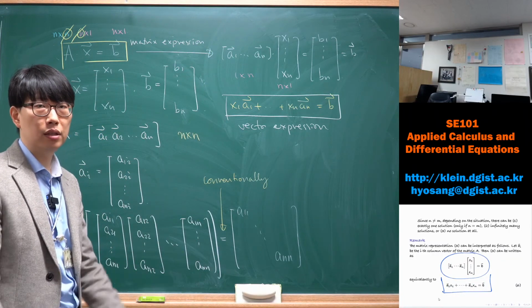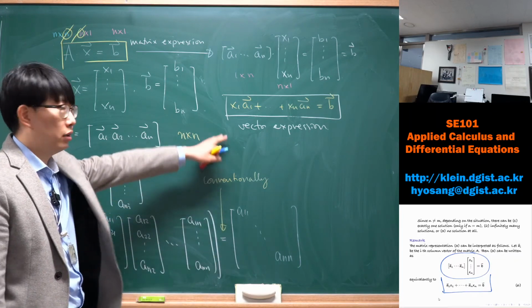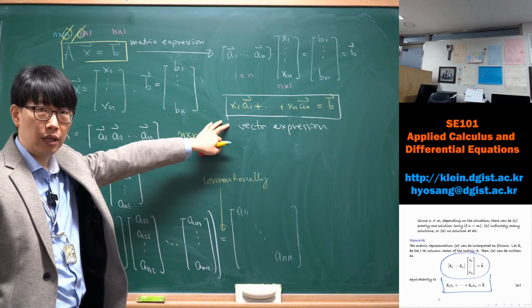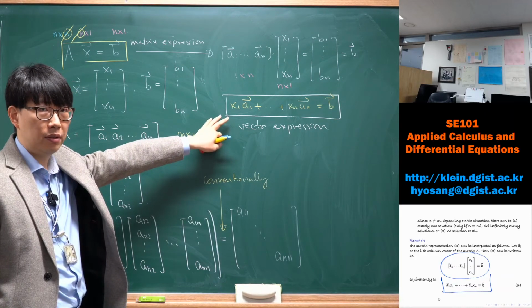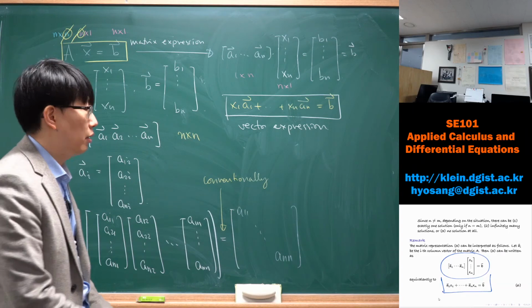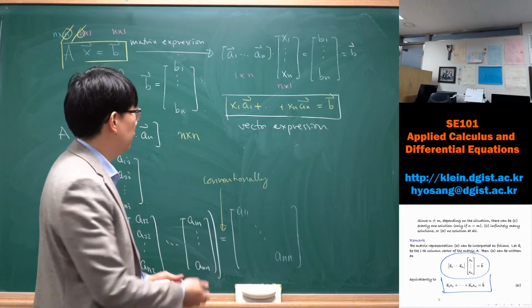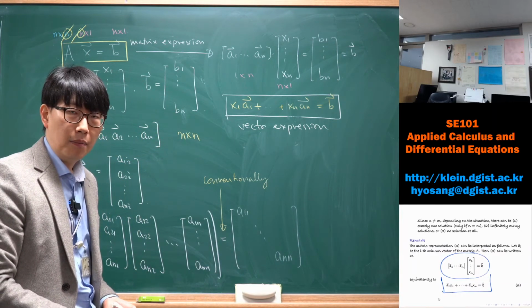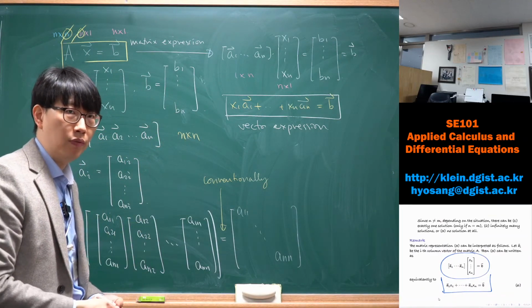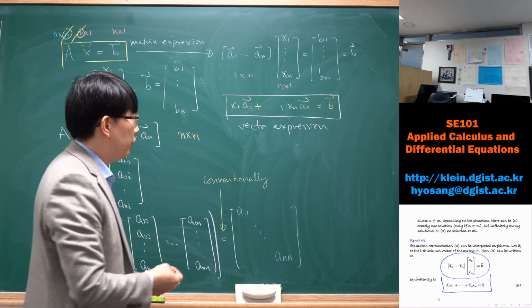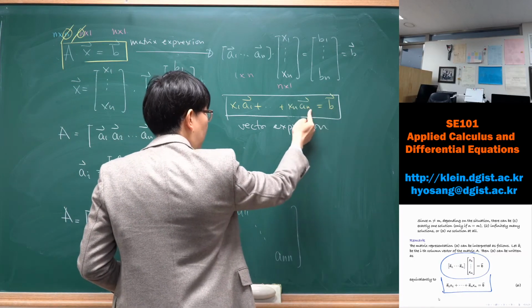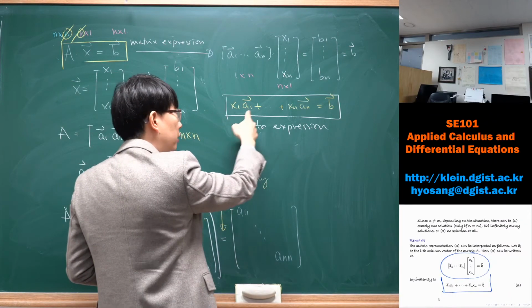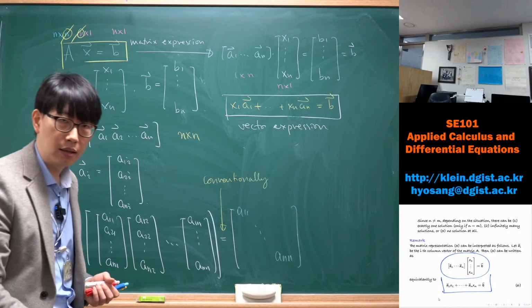They are telling the system of equations. But when you represent it in the vector expression, it's better to understand the nature of this system, because what you're going to find is the values of x1 to xn, but what you really want to find is whether your vector b can be written as a linear combination of a1 to an.